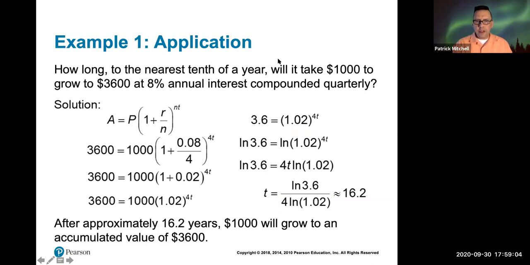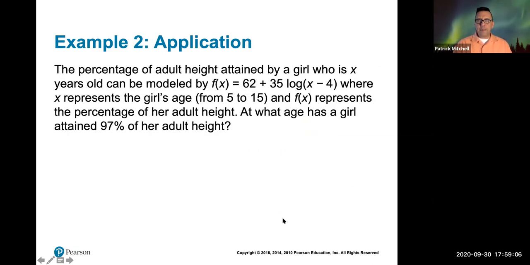And for the last example, I think we did an example like this with boys a section or two ago. Now we're going to do it for girls. The percentage of adult height attained by a girl who is x years old can be modeled by the function f of x equals 62 plus 35 times log of x minus 4.